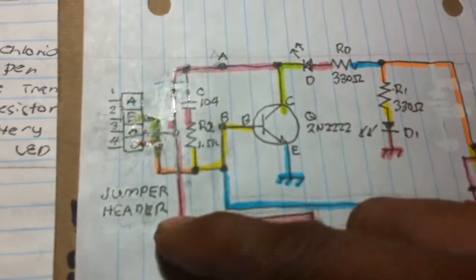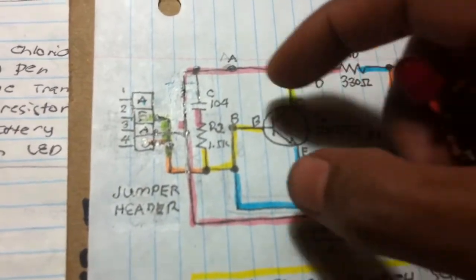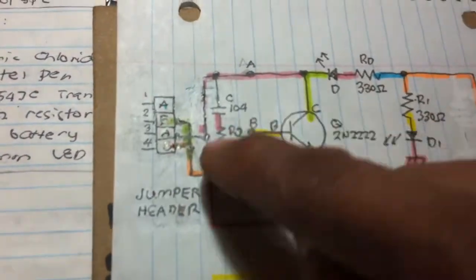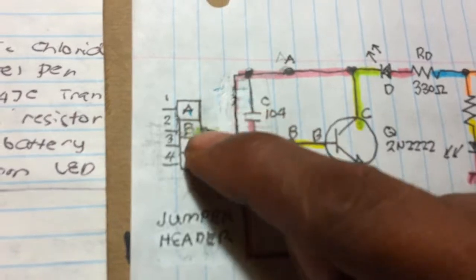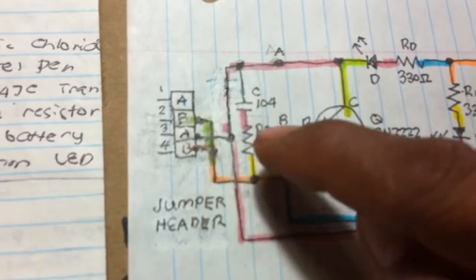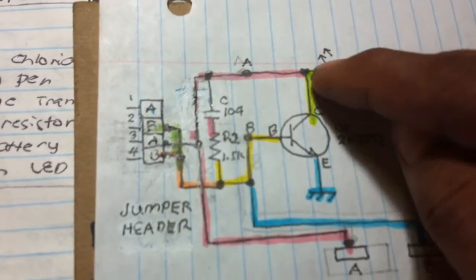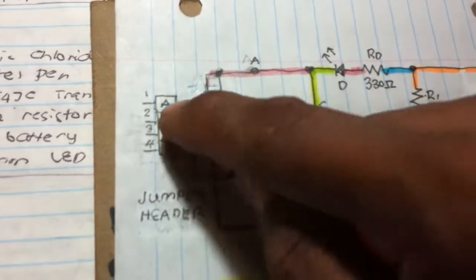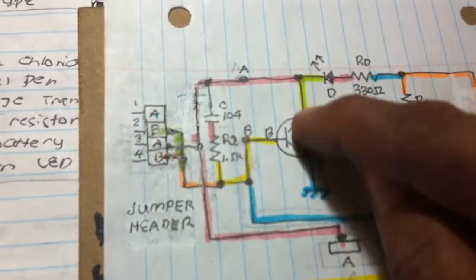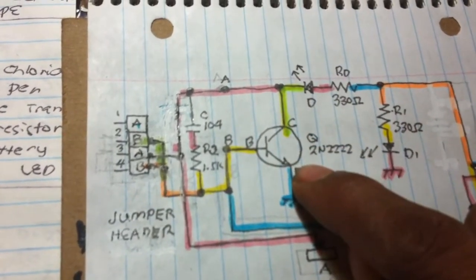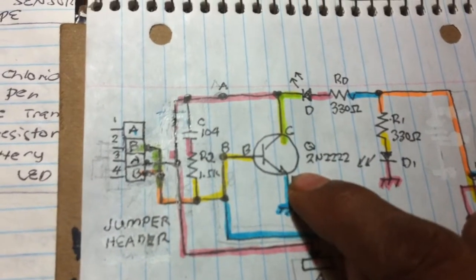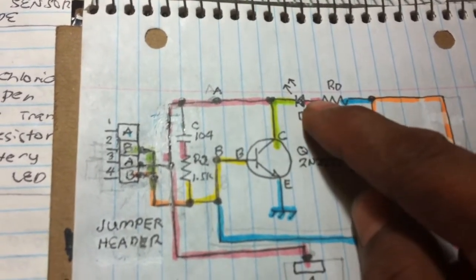We're going to switch the jumper so that every time we switch it from A to B, pin 1 to 2, only the current flows here and also to the base, conducting the transistor in saturation mode, turning on the LED.